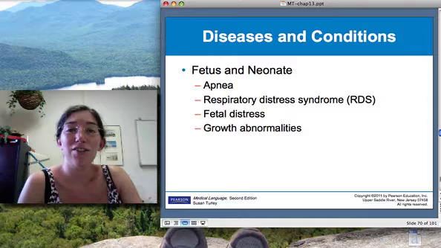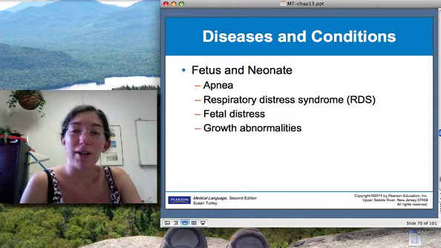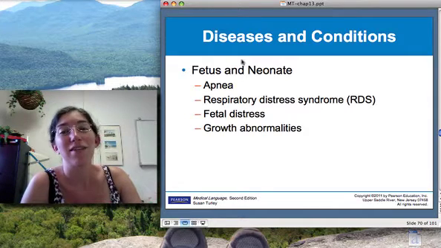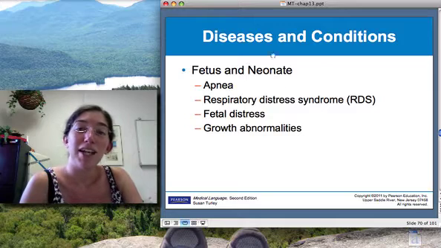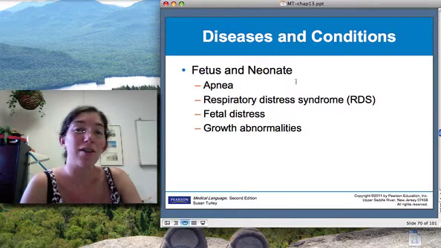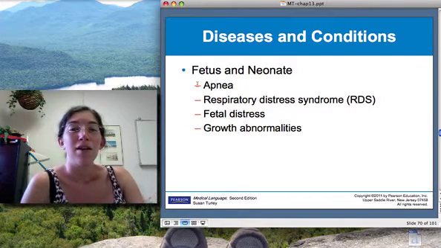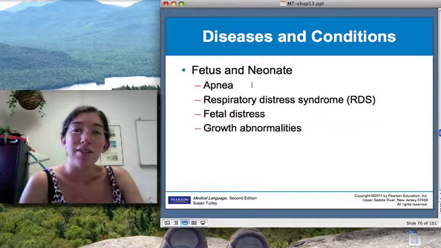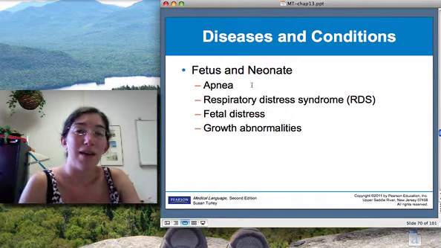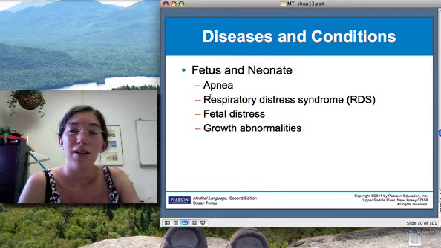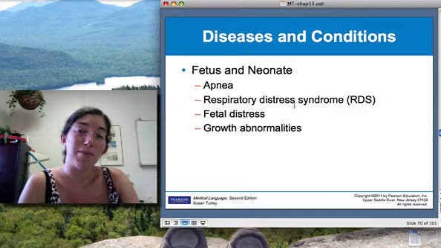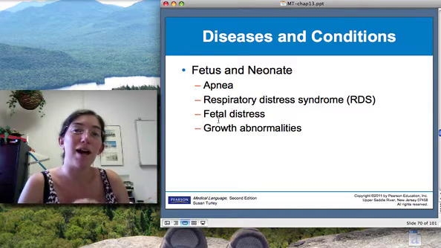Some diseases and conditions that affect the neonate, the newborn. Neo is new, nato meaning birth, so a newborn. Apnea, which is not breathing, like sleep apnea, having periods of not breathing. Respiratory distress syndrome, RDS, is when their lungs are not fully developed yet and kind of collapse on themselves.